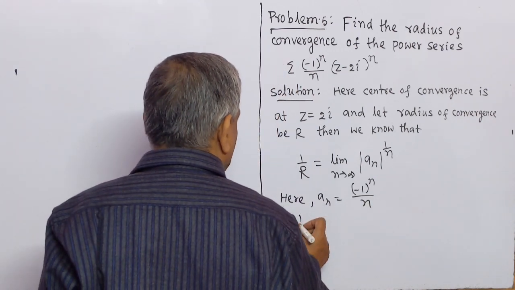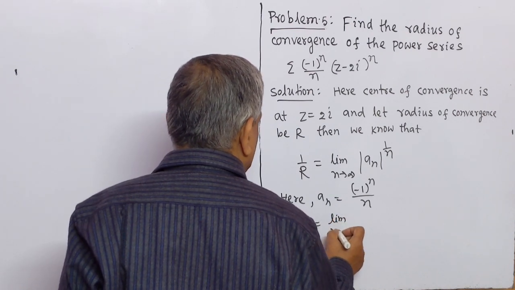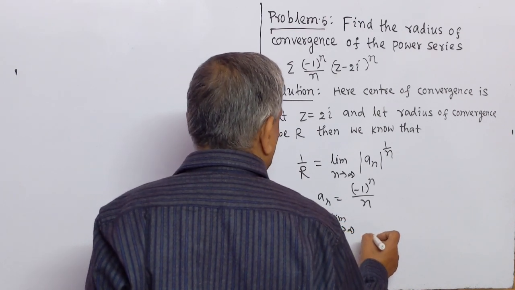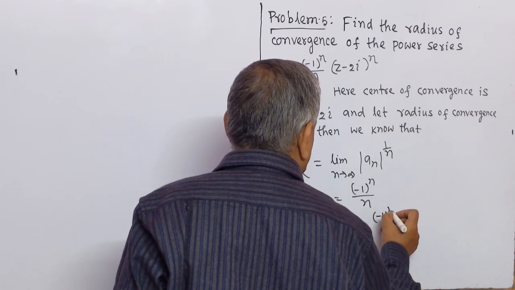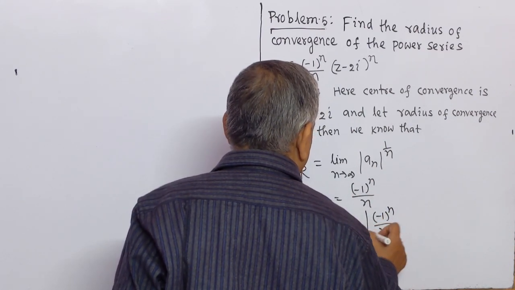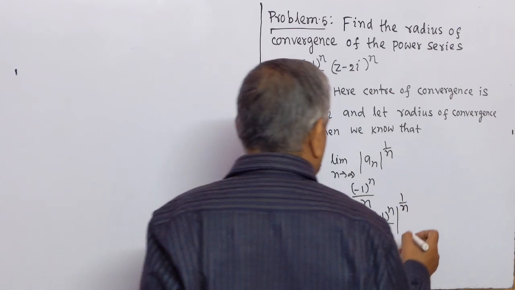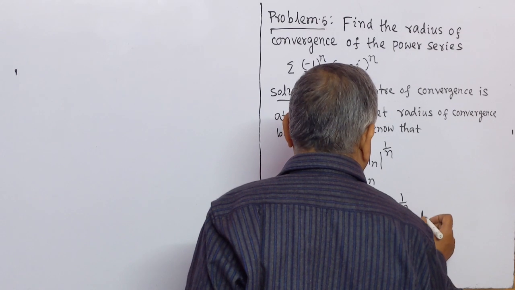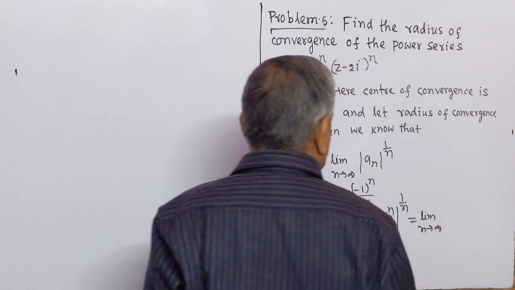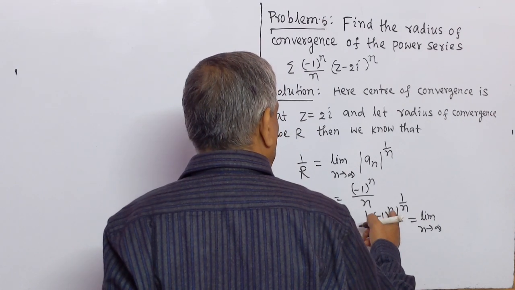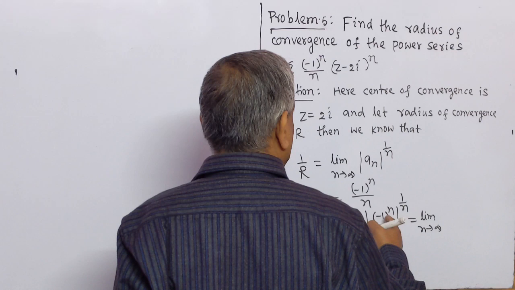Therefore 1 by r equal to limit n tends to infinity a n means minus 1 to the power n by n modulus to the power 1 by n, and this is equal to limit n tends to infinity. Here minus 1 to the power n modulus to the power 1 by n.